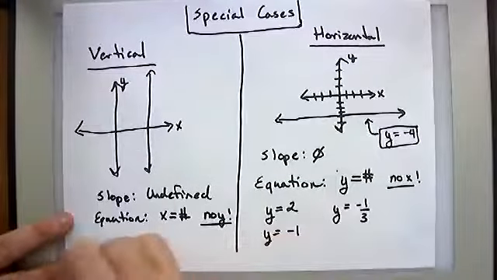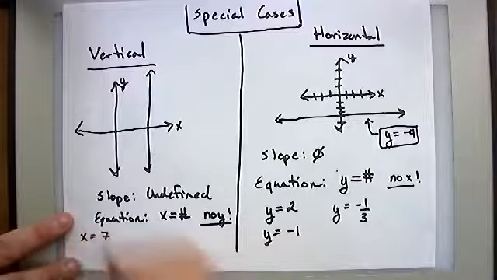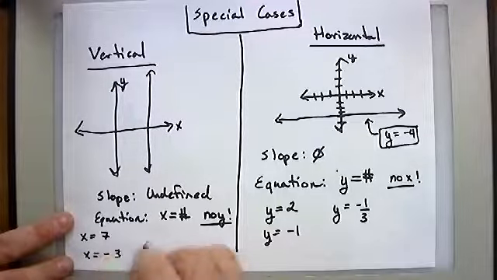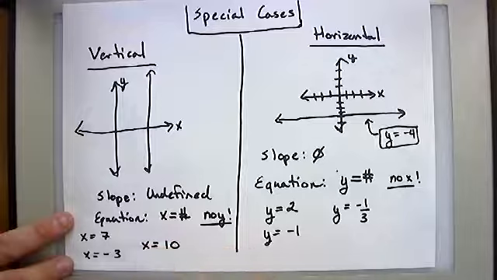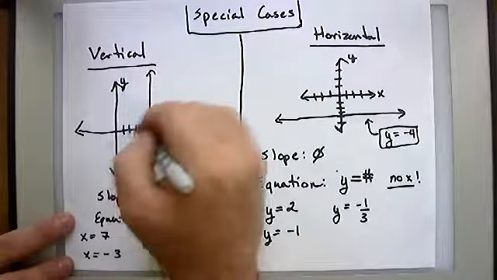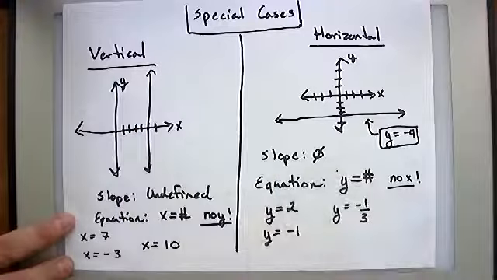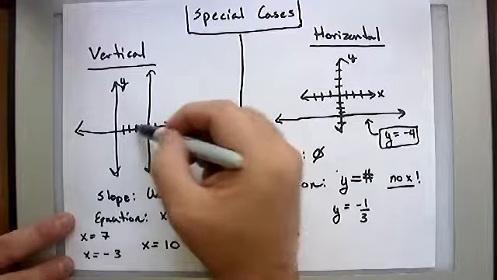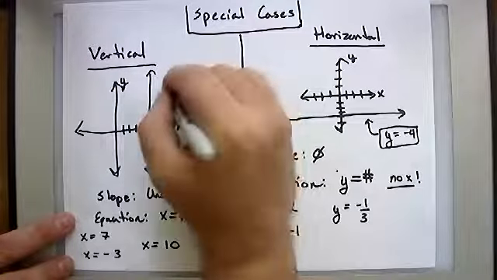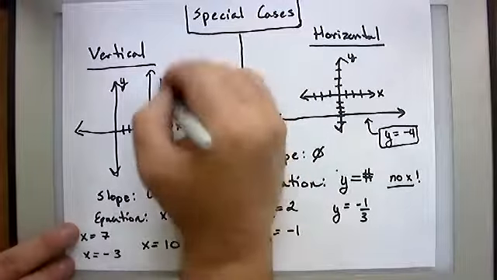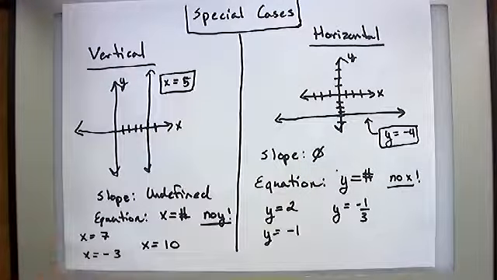For example, it might look like x equals 7, x equals -3, x equals 10, could be anything. Up here, let's just say this was 1, 2, 3, 4, 5, 6. The equation for that vertical line right there would be x equals 5, okay? Just so you have a quick understanding. So, 3 things you need to memorize.